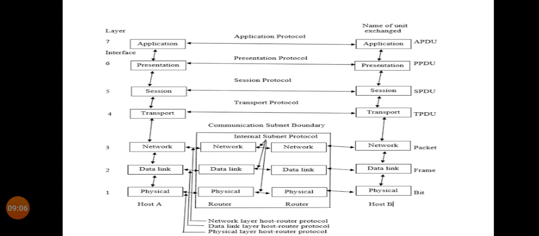Here, from "All", A stands for application layer, top to bottom. From "people", P stands for presentation. "Seems", S stands for session. "To", T stands for transport. "Near", N stands for network.